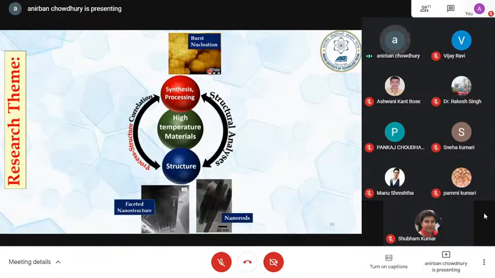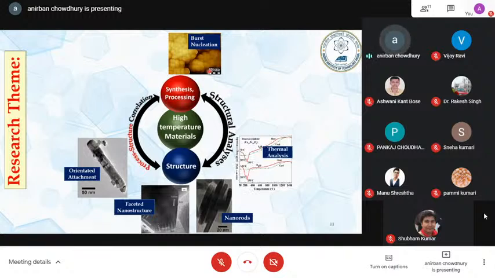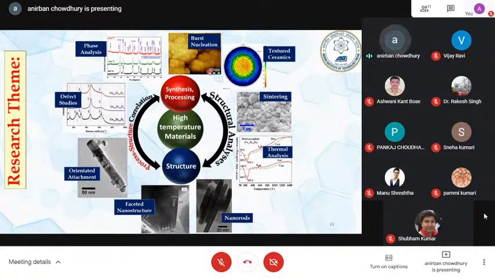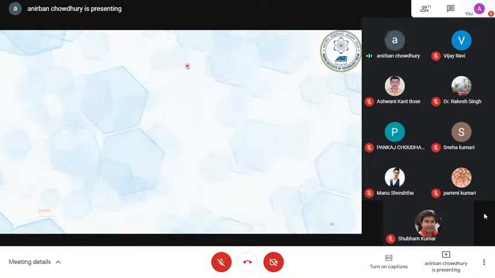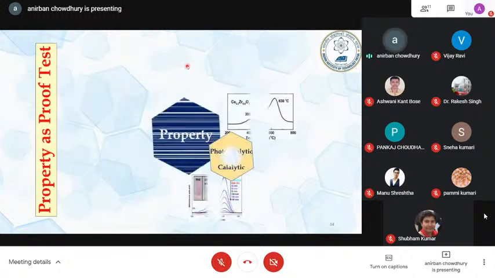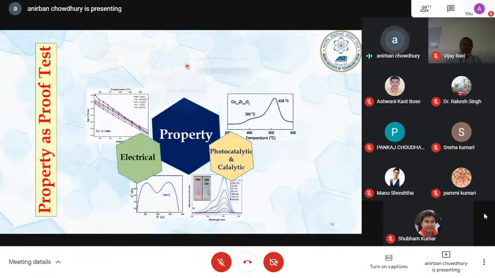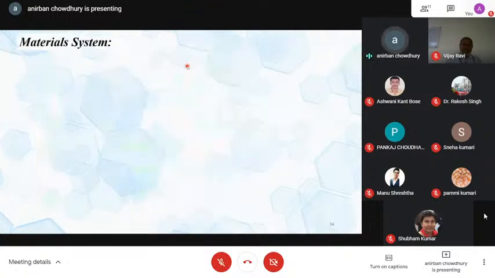Today I have shown some faceted nanostructures we got without surfactants, some different non-classical arrangements of nanocrystals, thermal analysis, phase analysis, defect studies, sintering, and textured studies. Today I have shown mostly the burst nucleation aspect. And these are the properties that we mostly study: catalytic, photocatalytic, conductivity, electrical, and some mechanical properties.